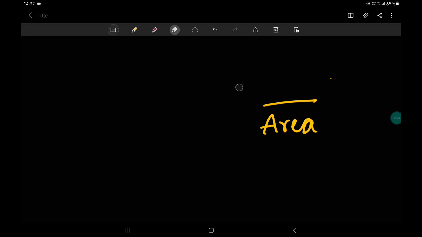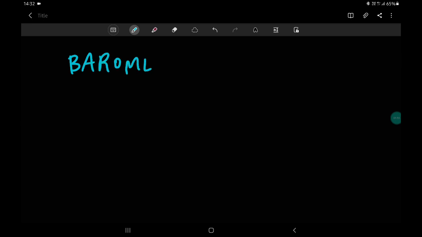Now let's move on and start with today's lecture. The first concept which we are going to discuss today is the barometer. So what do you mean by barometer?